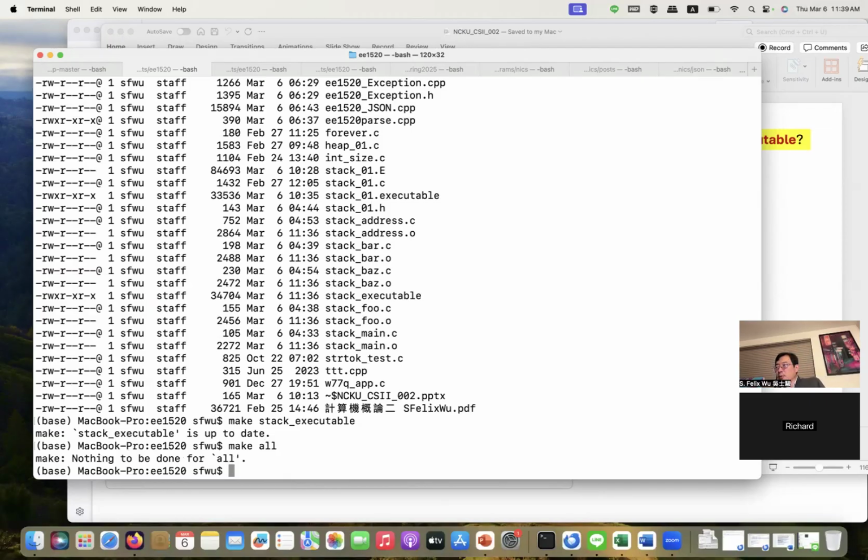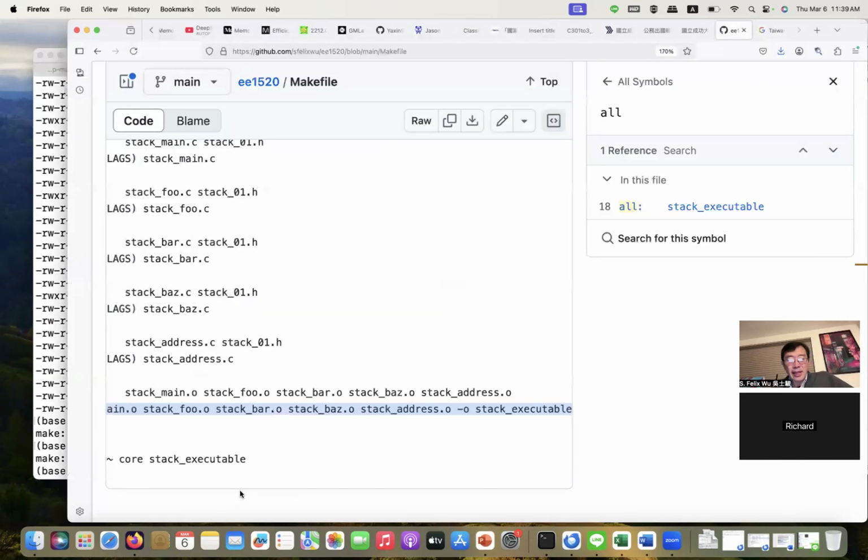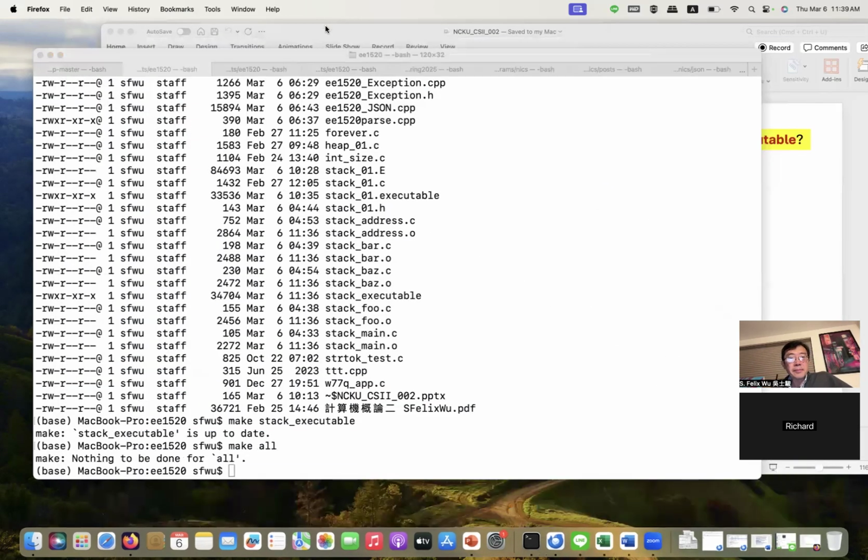You can see that right now. When I try to trigger the rule stack executable, or its parent rule, make all, neither of them is doing anything. They basically just say, hey, you already did everything. Everything is up to date. You don't need to do that. Okay, that's the case over here in the PowerPoint file.